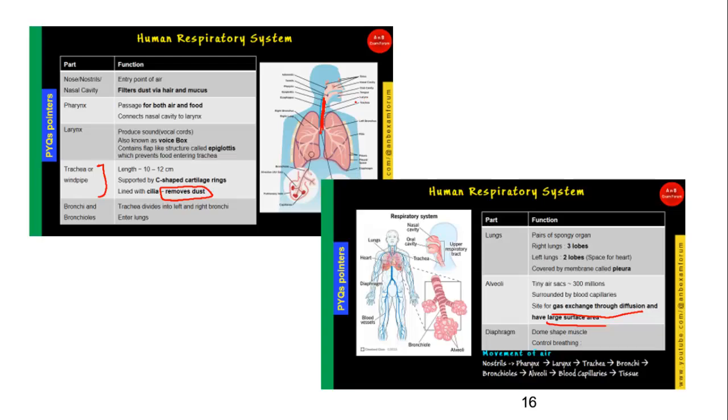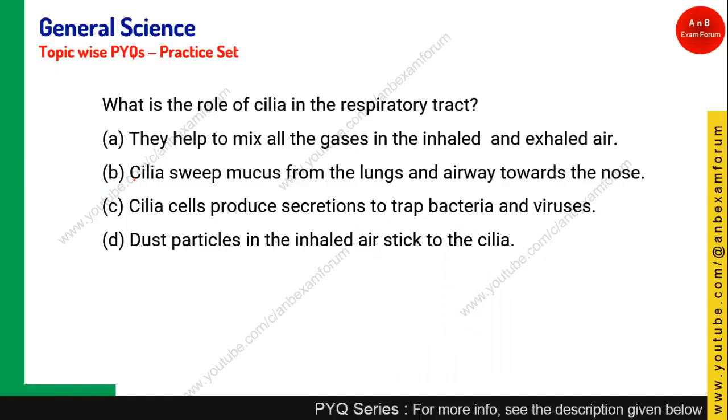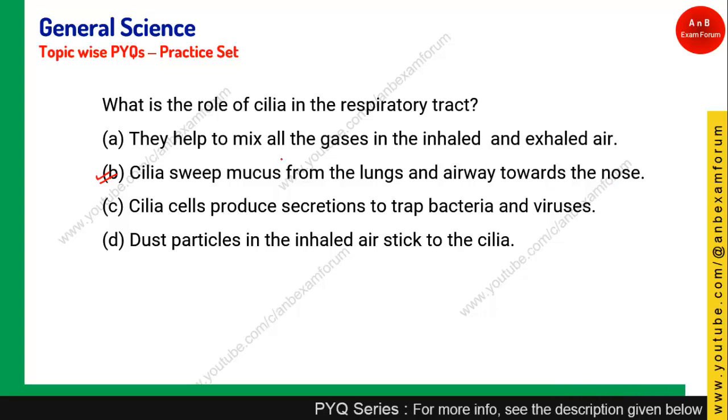If you see option B, cilia sweep mucus from lung and airway toward the nose. Whatever dust or mucus has come from the lung, it makes its way back to the nose. So option B, those who have given it, they are right.